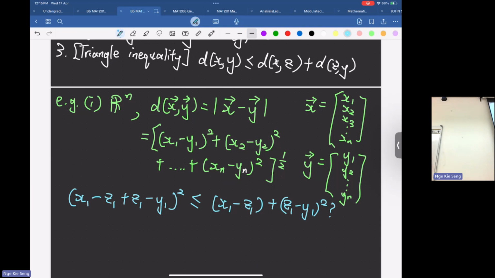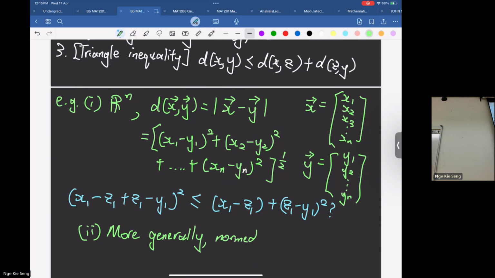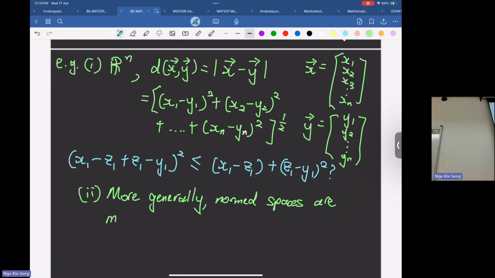So I want to say that, more generally, normed spaces are metric spaces.